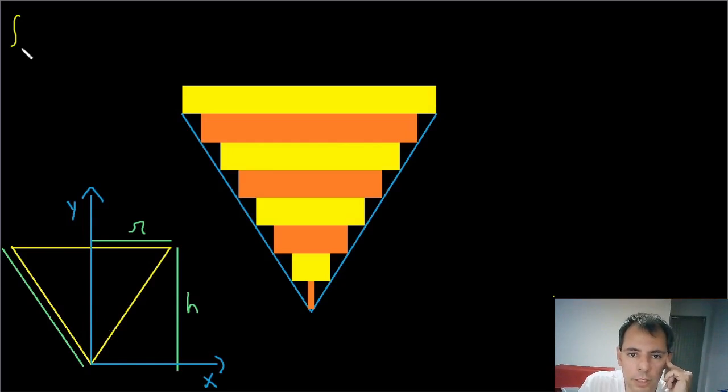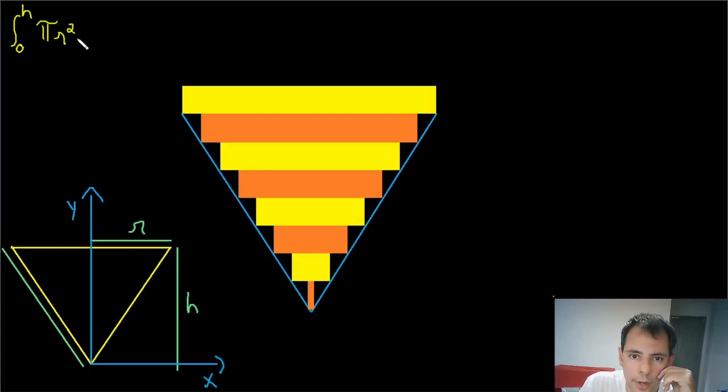So the integration is going to be from 0, when y is 0, all the way to h, y with the value of h in here. And it's just going to be what?